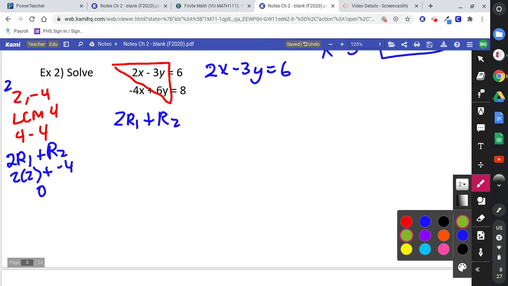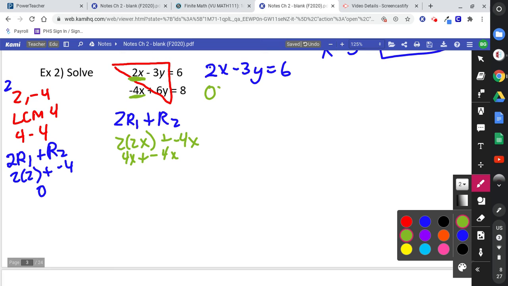So let's do that. 2 row 1s will be 2 times 2x plus negative 4x, or 4x plus negative 4x is 0.